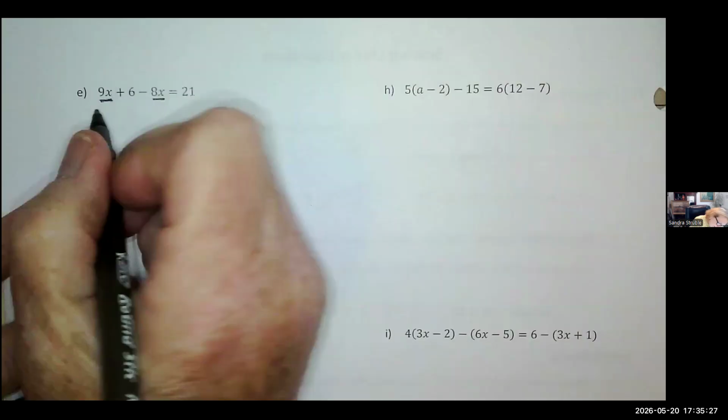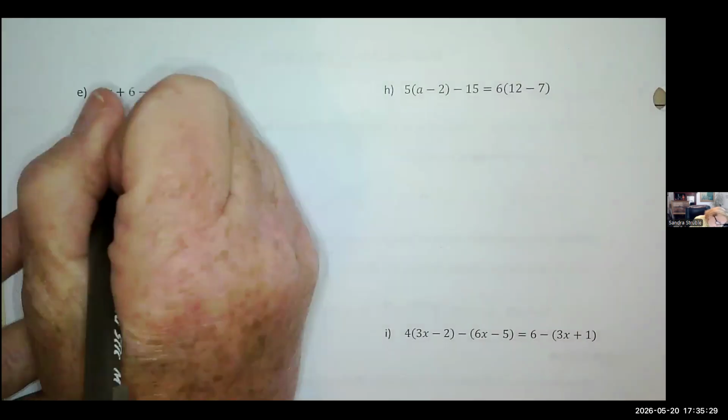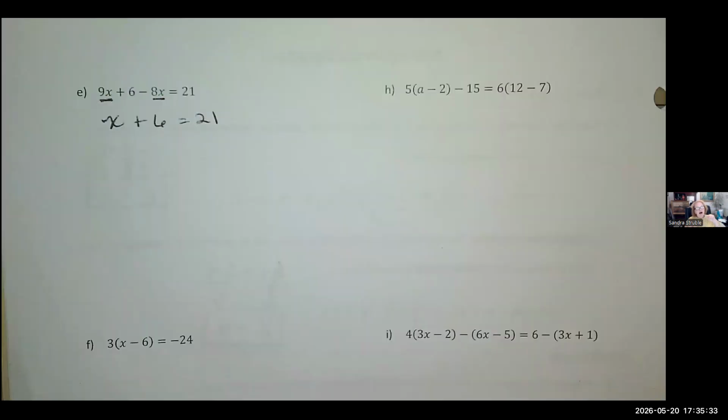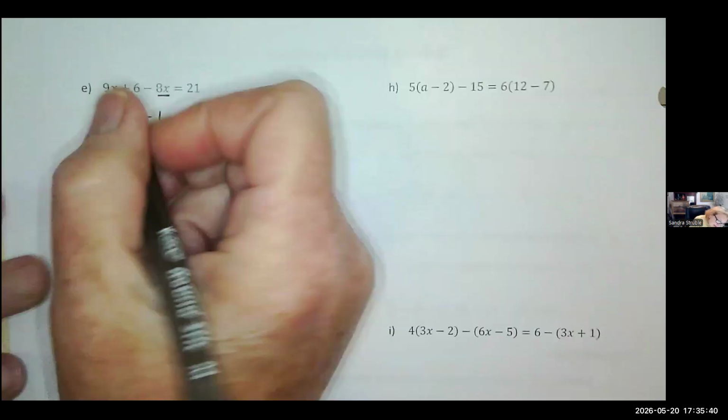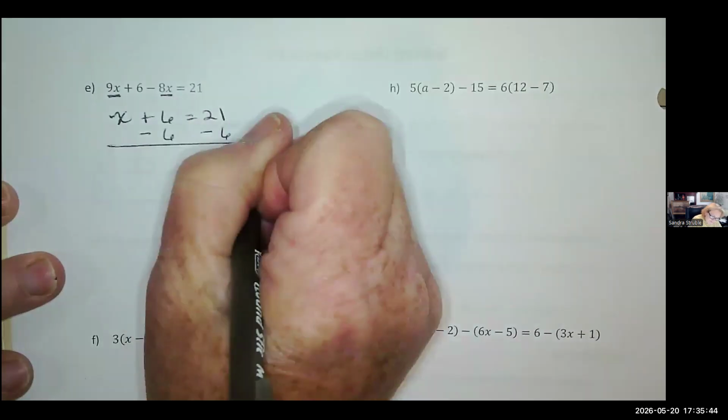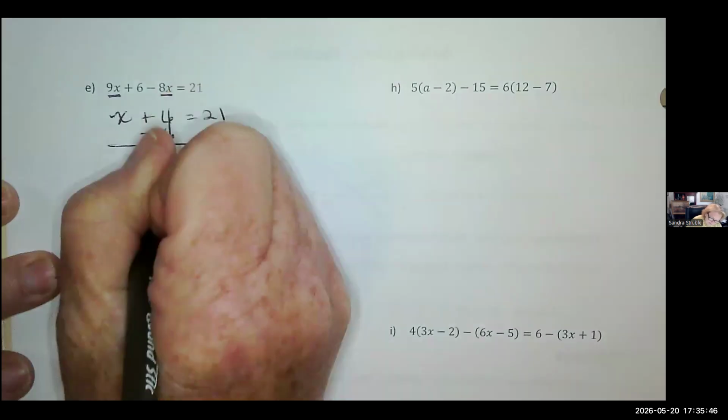So that's x plus 6 is equal to 21. Now, 6 is attached to x by addition. Opposite of addition is subtraction. So we're going to subtract 6 from both sides of the equal sign. This is gone, and you're left with x is equal to 21 minus 6 is 15.